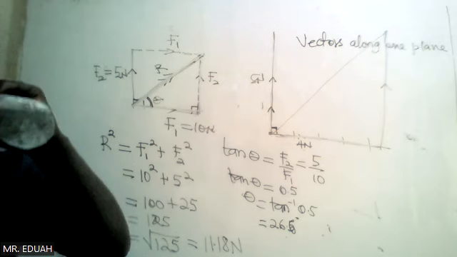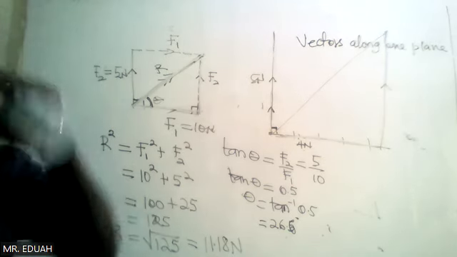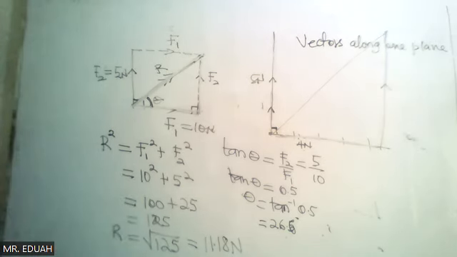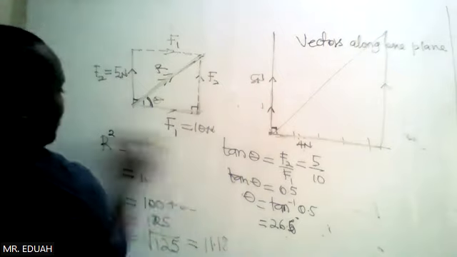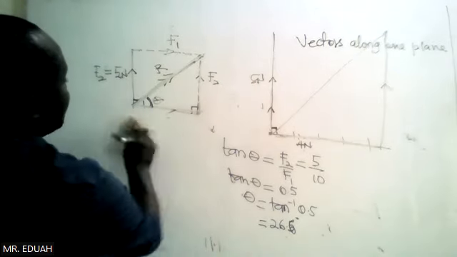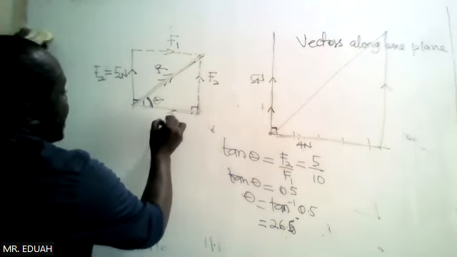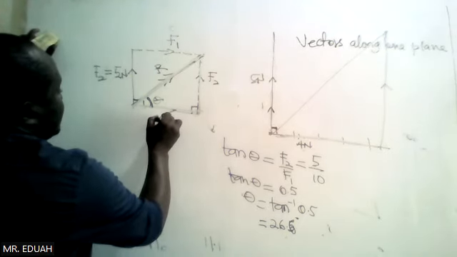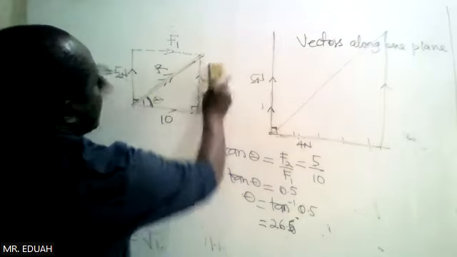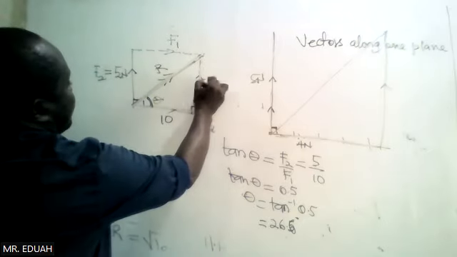Please, I don't get the tan part. The thing is that, you see, we have all the sides of this right angle triangle. This side is 10. This side is 5.